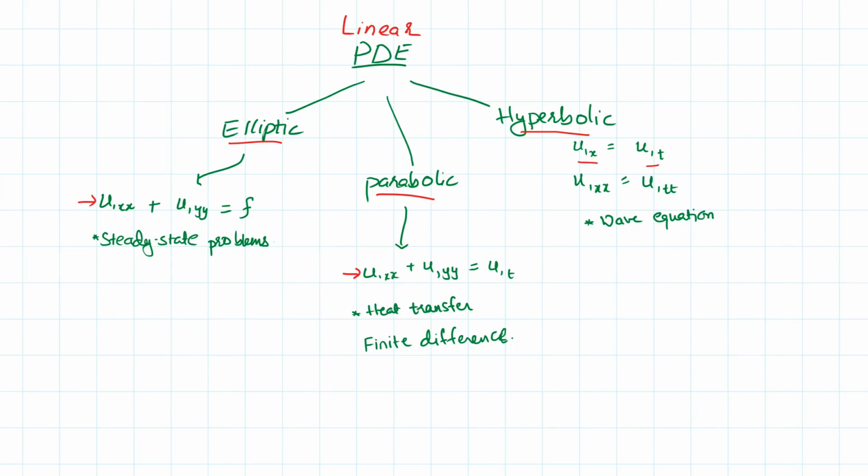Similarly, you can define a hyperbolic PDE for a second order differential equation, which is simply the second order differentiation with respect to a spatial coordinate, and that equals the second order differentiation with respect to time. This can also be written in a two-dimensional format as well. An example of such a hyperbolic partial differential equation is the wave equation.